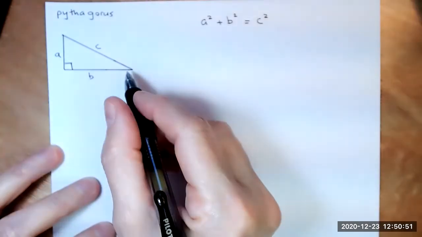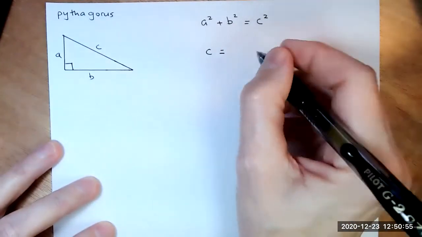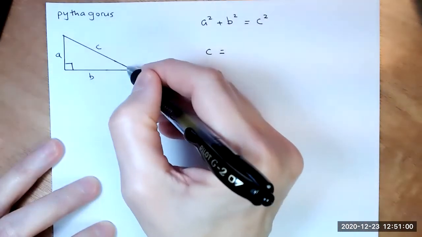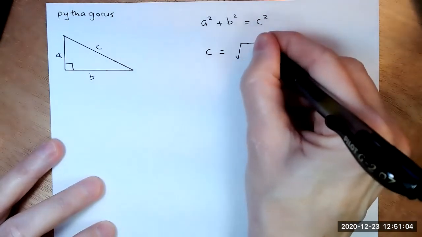If you take the square root of both sides, you get C is, and normally you would get plus or minus, but because we're talking about a distance, we only get the positive.